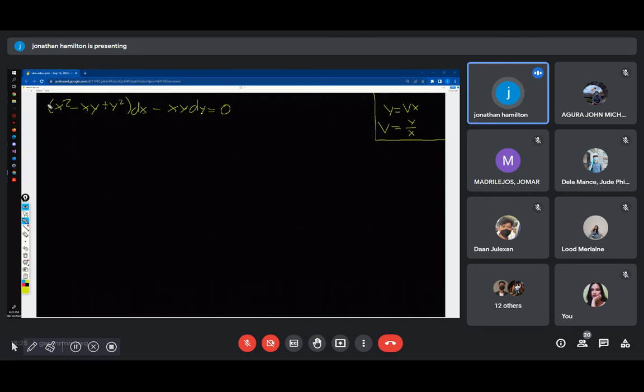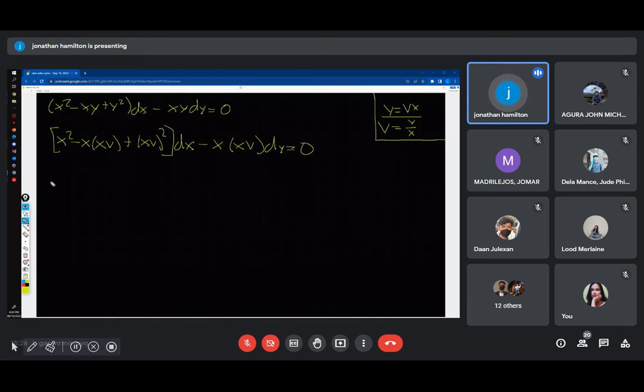So let's try and expand this equation. So we have x squared minus xy plus y squared minus xy. So ato i-substitute ang value for y to vx. So kani sa atong gamiton. So we have x squared minus x times xv, plus x squared v squared dx minus x times xv dy is equal to 0.